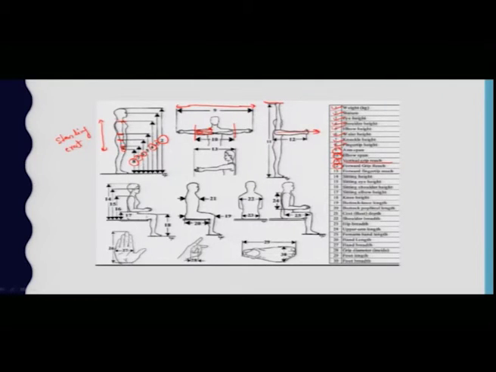You stretch your hand in a forward direction and you measure the distance from where your hand is originating to the extreme point up to which your grip can be reached.